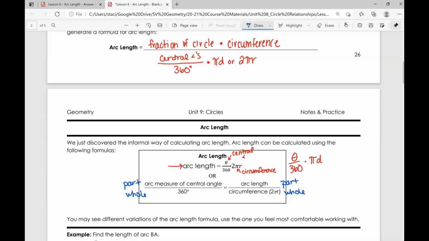As we do some example problems in the next video, I'll utilize both formulas so you can decide, do you prefer using the proportion formula or do you prefer using the formula that we discovered in our table above?